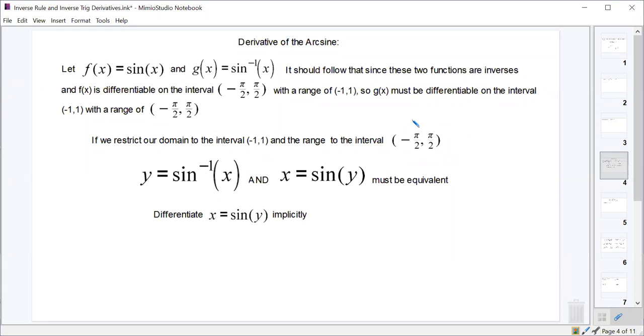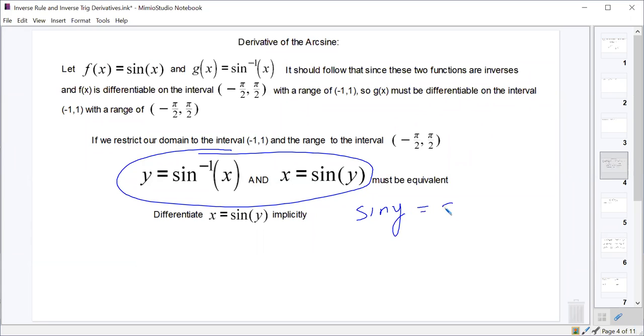Hopefully you recognize that these two things mean the same thing. If I have the function y equals inverse sine of x, I could take the sine of both sides of this. And what would happen to the sine of the inverse sine?